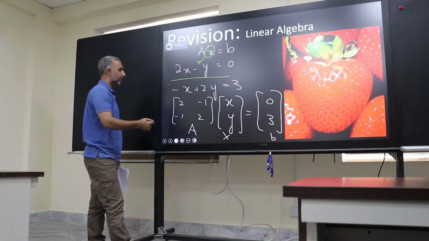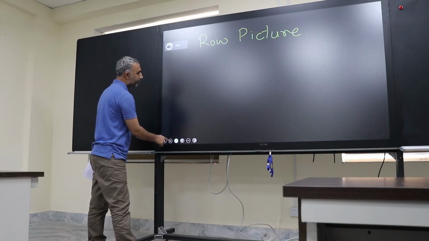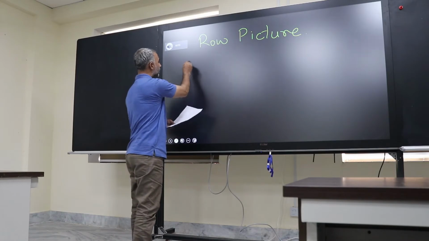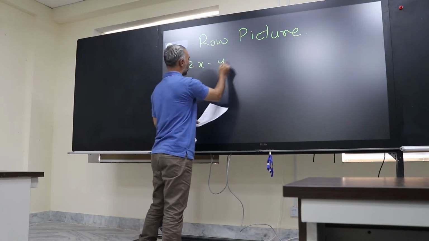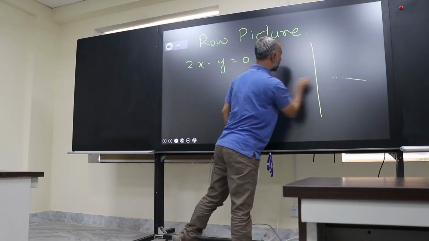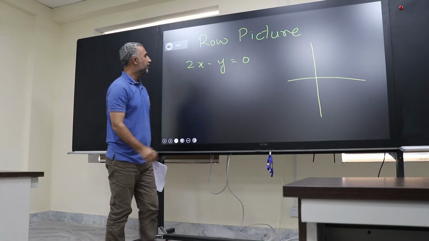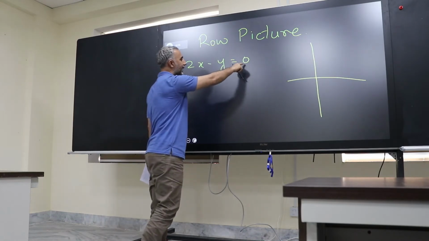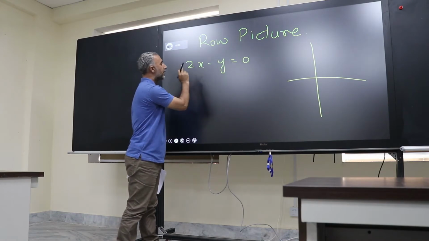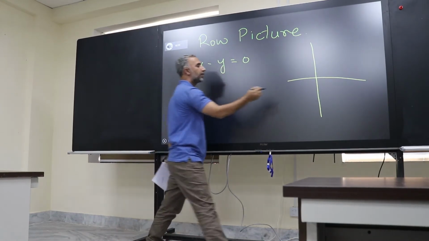We need to make a graph like this. 2x minus y equal to 0. So here, if we are going to draw in some graphical notion, for getting the value of 0, of course, if we consider x equal to 0, y equal to 0, it is equivalent to 0.